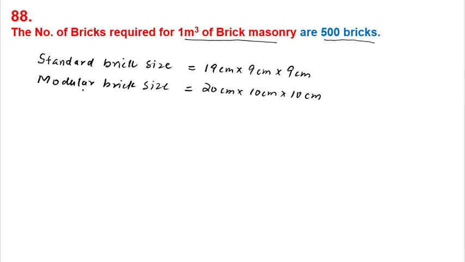So what does this mean? Modular means the size of the brick includes mortar. Got it? The standard size is without including the mortar.